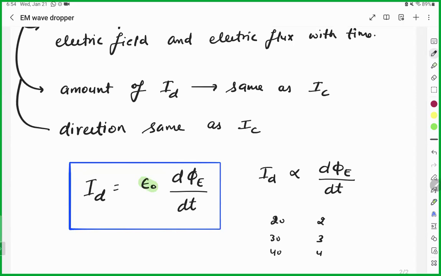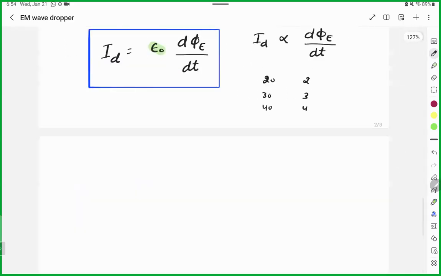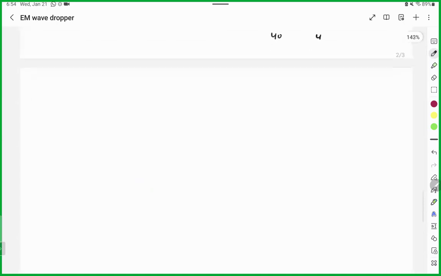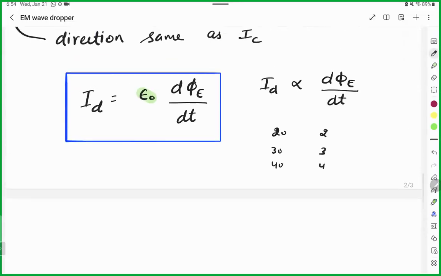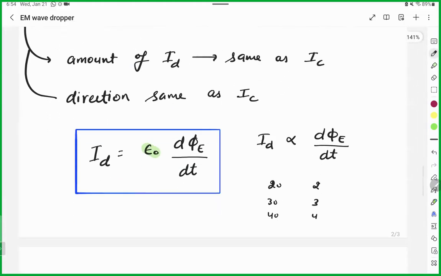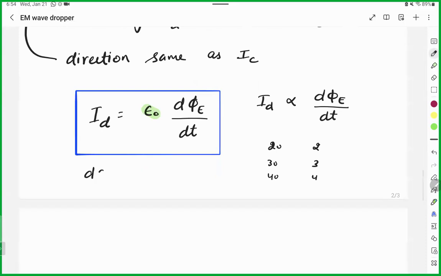Okay. So based on this, you can calculate, and this is important. Displacement current is a completely new concept in this case. Based on this, you can also calculate your d phi e value. If we calculate d phi e, then it will be displacement current into dt by epsilon naught.